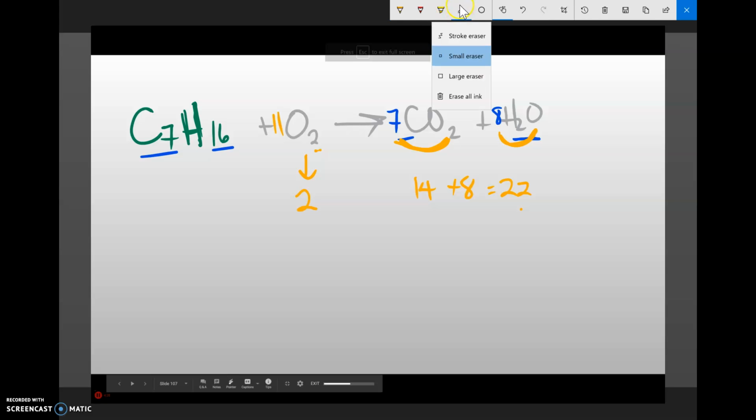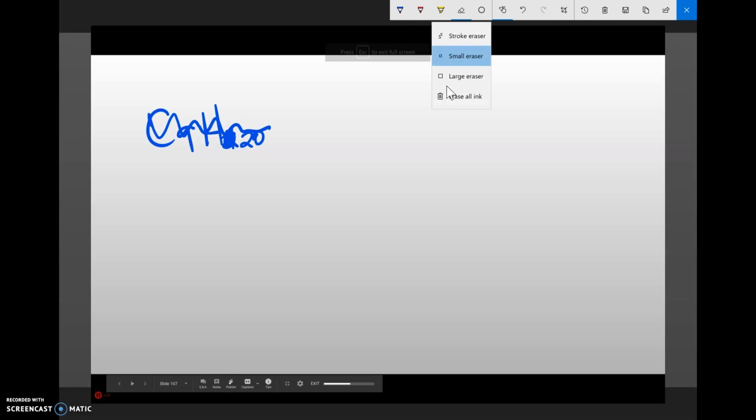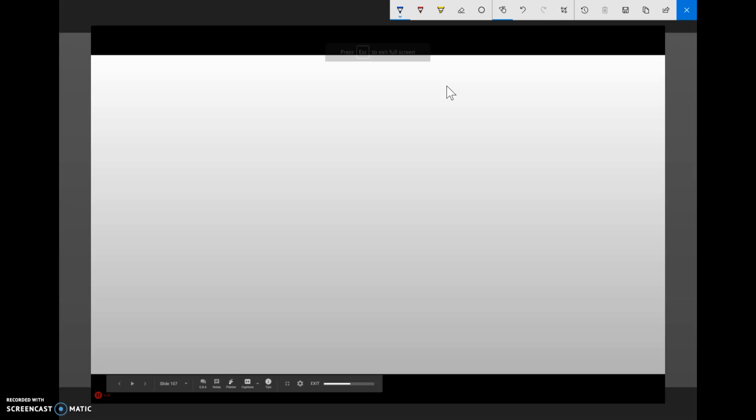Let's do C4H10. This is called butane. This is the gas that's in lighters.